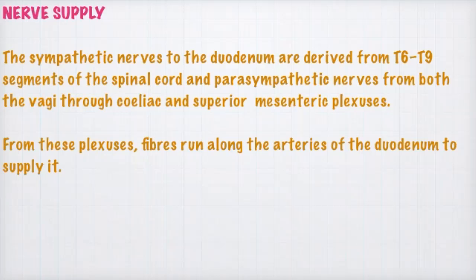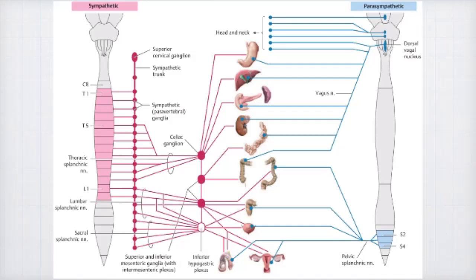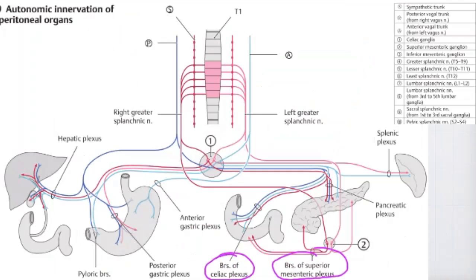You see, sympathetic is from the celiac ganglia and parasympathetic is from the vagus. So these are both branches of the celiac plexus and mesenteric plexus supplying the duodenum.